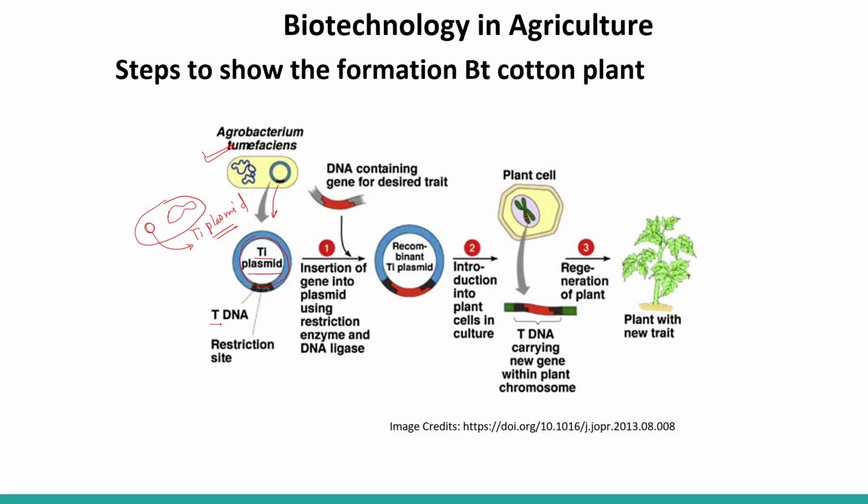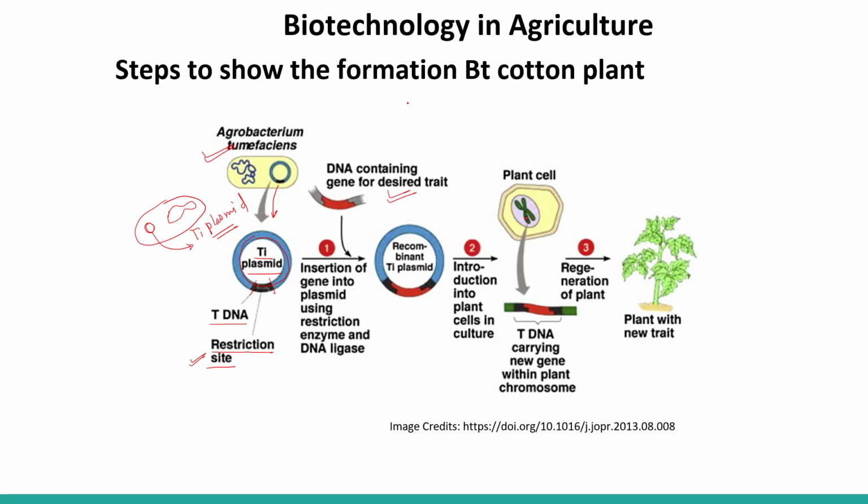Now it has a T-DNA, and that has the restriction site. Now we will take a restriction endonuclease and cut a portion of it. Now we will take out a DNA containing the gene for the desired trait. Now what is the desired trait?